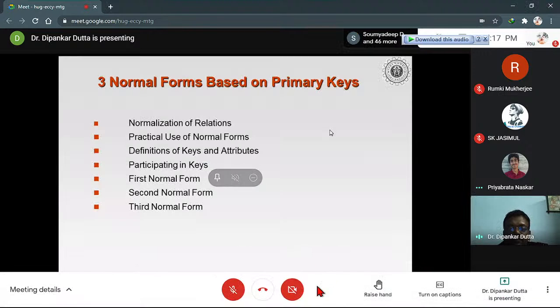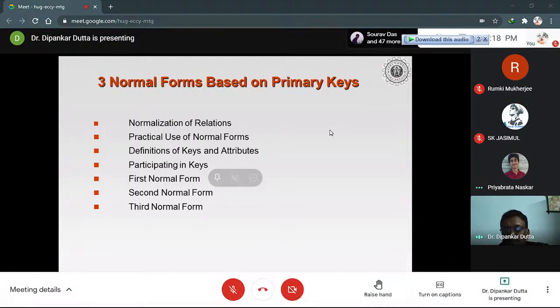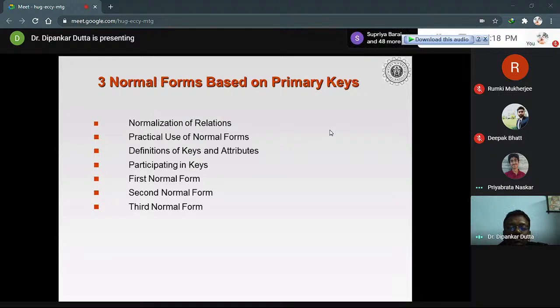If somebody asks how many normal forms there are in DBMS, your answer will be: 1 to 5, then BCNF and DKNF. I will discuss each and every normal form one by one, starting with first normal form, then second normal form.